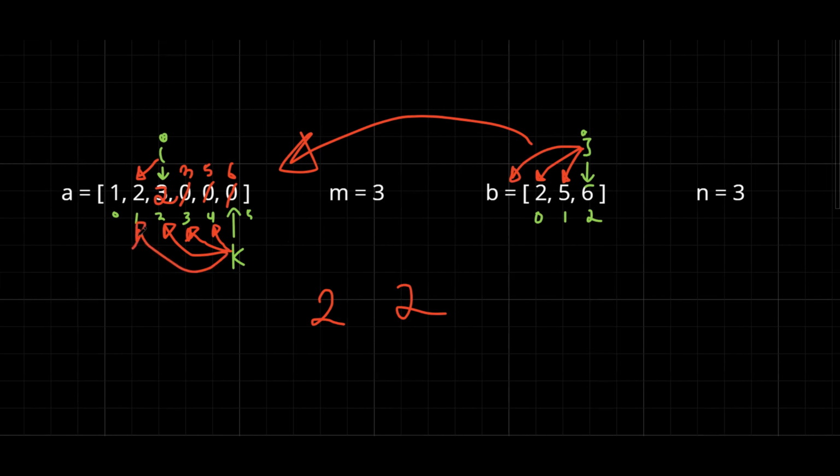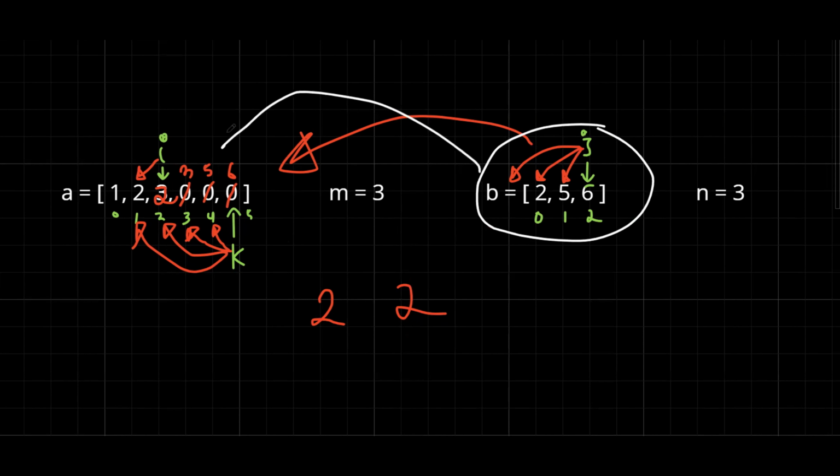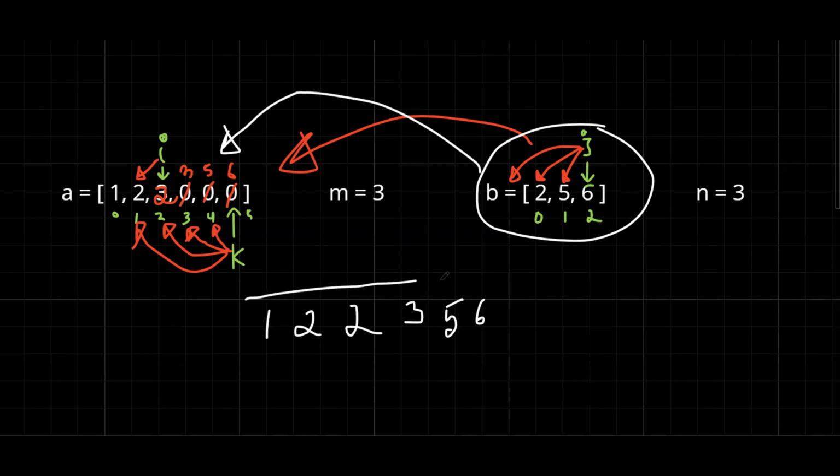Now k is pointing here, but we have to notice that our current j pointer became out of bound. That means we have inserted all of the elements of the second array into the first array. Now, the final output of the first array is 1, 2, 2, 3, 5, and 6. This array contains all of the elements from the first and the second array, and it is also in increasing order.